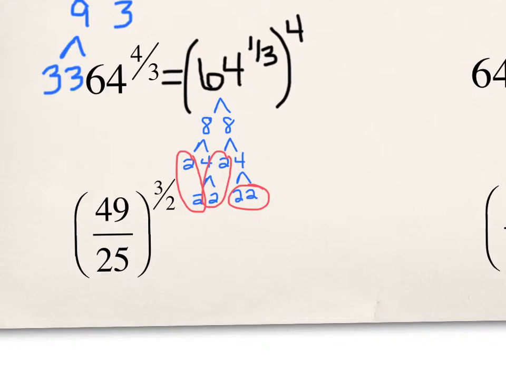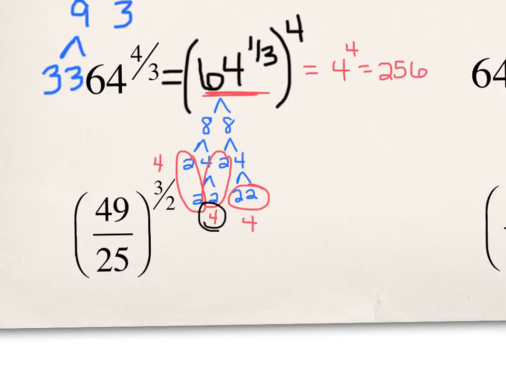I can take 6 2's and put them in 3 groups by putting 2 2's together, which means I really have 4 times 4 times 4. So 64 to the 1/3 power is just 4. So now over here I just turned this into a 4, and then I'm going to go 4 to the 4th power, which is 256.